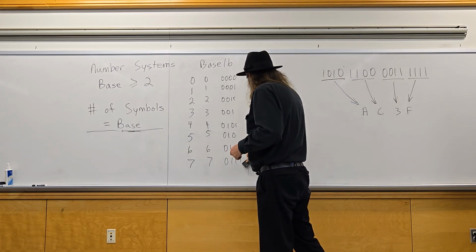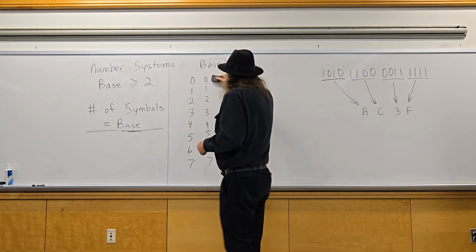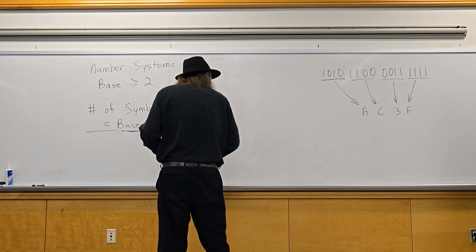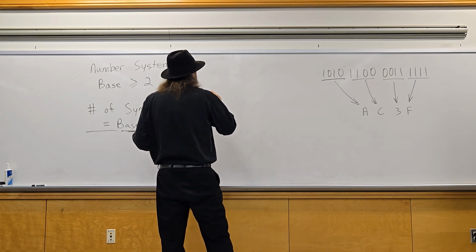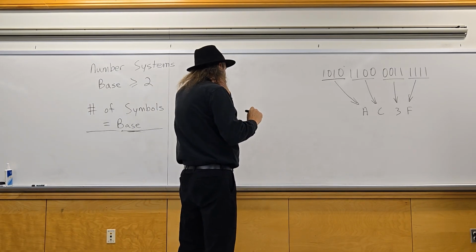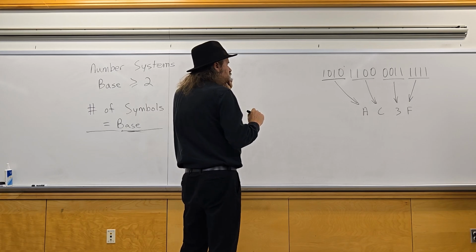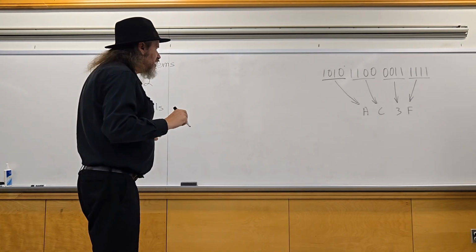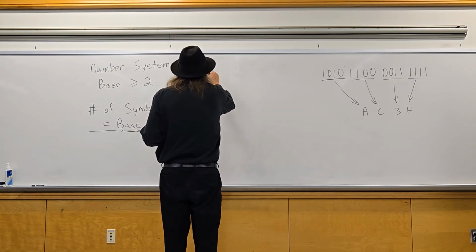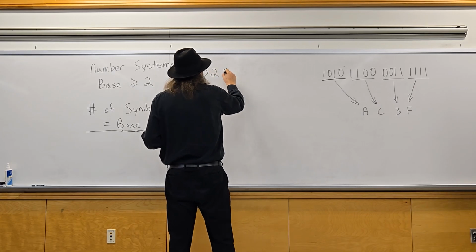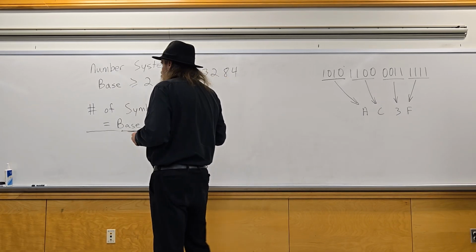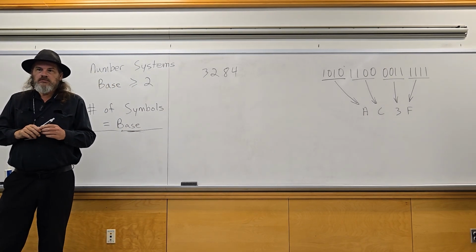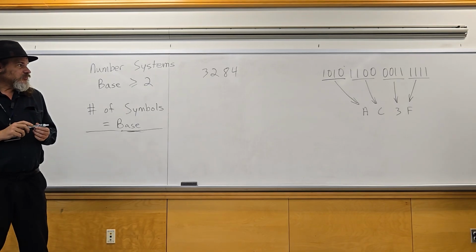But let's take hexadecimal to binary. Hexadecimal to decimal, we already did. So let's say we take 3,284 and convert that to hexadecimal.